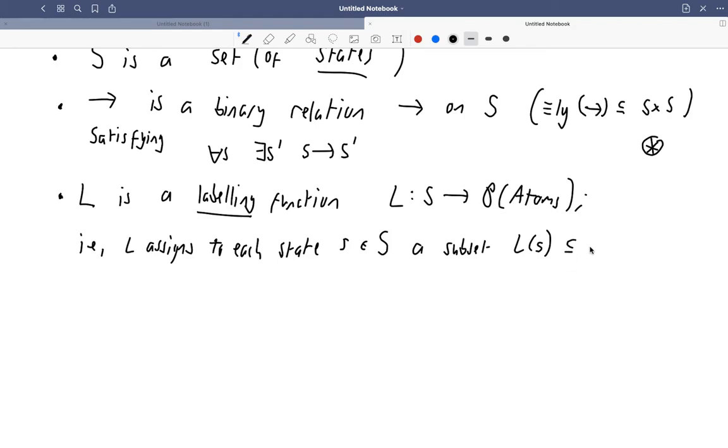So that's a set of atoms. So you view that as the set of all atoms that we think of as being true at that state.